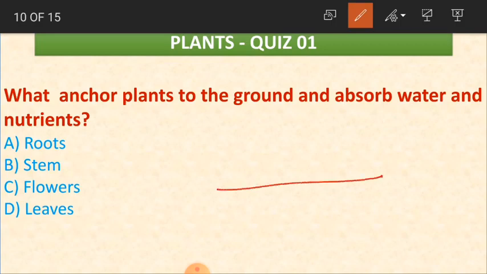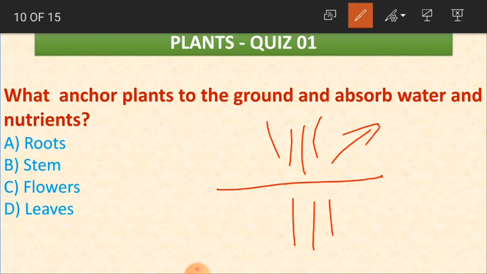Here we have roots under the ground, and above the ground the plant, with its stem, branches, leaves, flowers and fruits. What is going to hold the plant to the ground and absorb water?